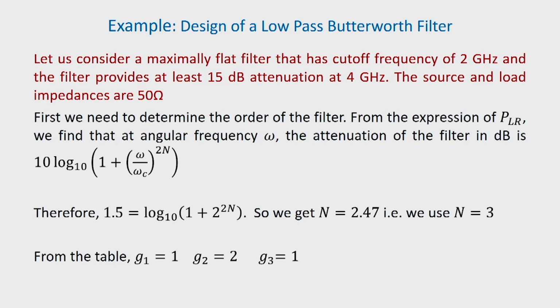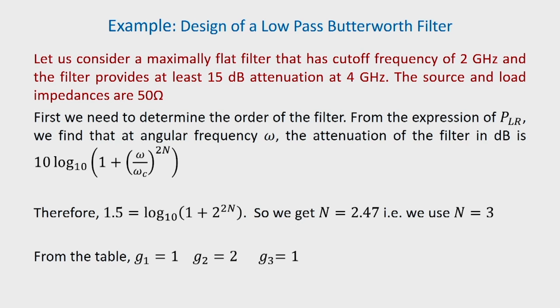From the expression for PLR, we have seen that at an angular frequency omega, the attenuation of the filter in dB is 10 log 10 of 1 plus omega by omega c raised to the power 2 n. So, this is the attenuation of the filter, and in our case omega c is 2 gigahertz, and we want 15 dB attenuation at 4 gigahertz.